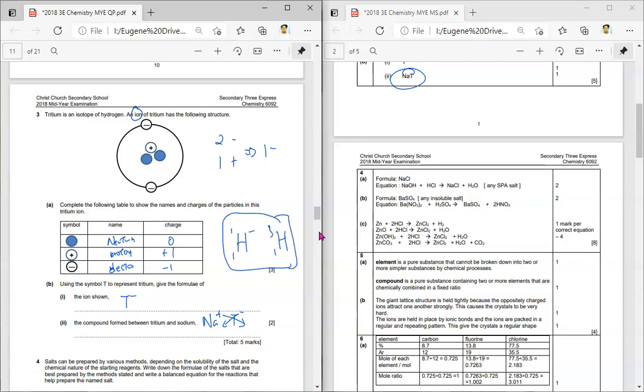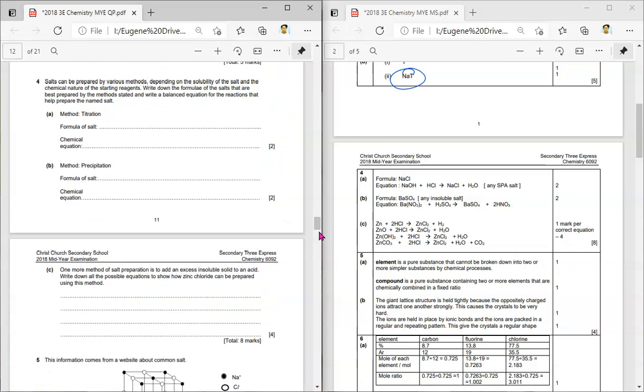What's the difference between H11 and H31? There's also deuterium, which is H21. So go and understand what's the difference between these 3. You will realize that the minus and the plus here doesn't affect whether it's deuterium, tritium, or purely hydrogen. Okay, next. Let's go on to question 4.